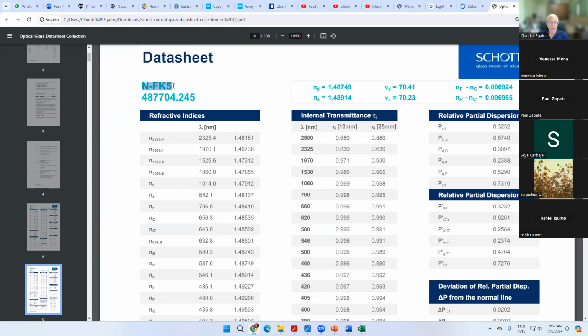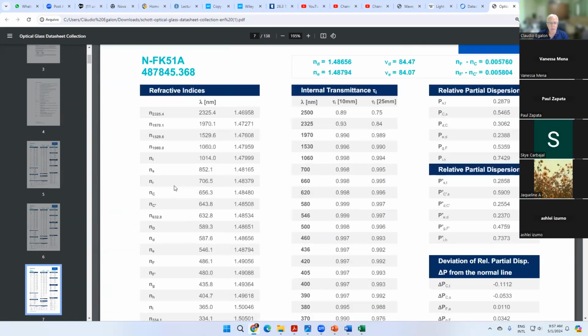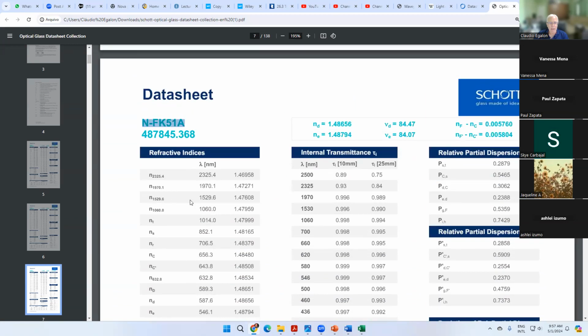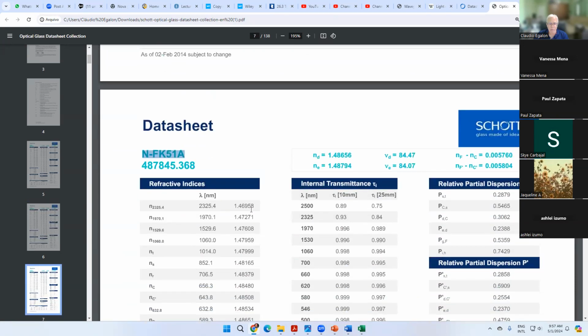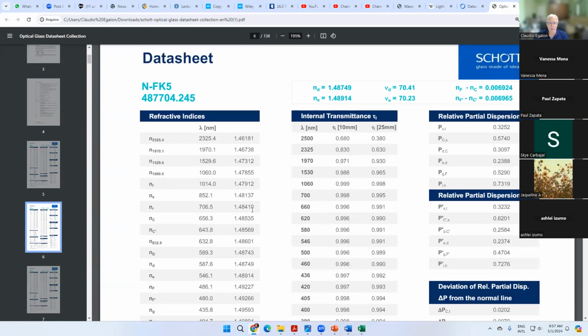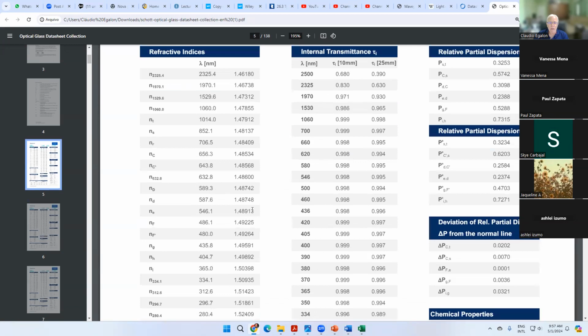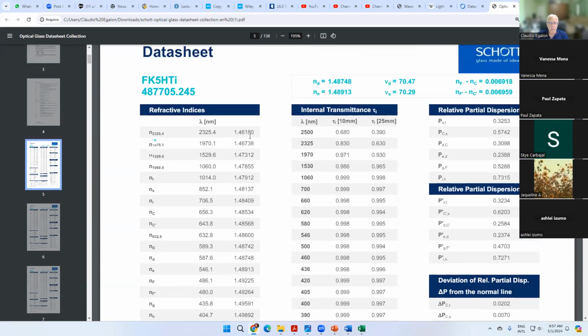Now this other glass, NFK5, right? NFK51A. They have refractive indices that are slightly different, 1.46958. Let's see how different it is. 1.4658, 1.4618, right? Same wavelength.